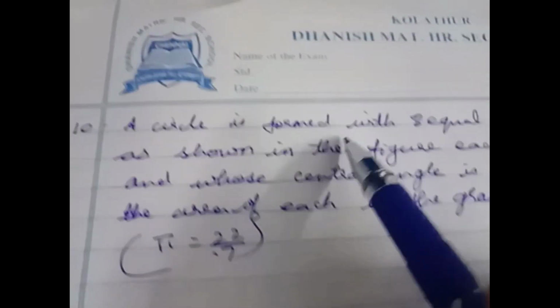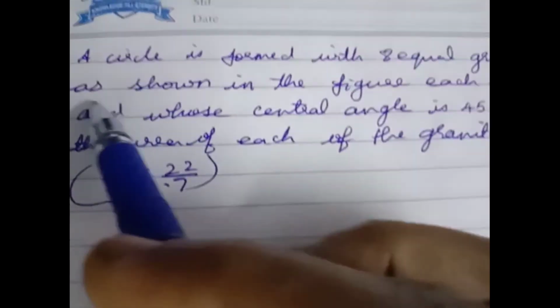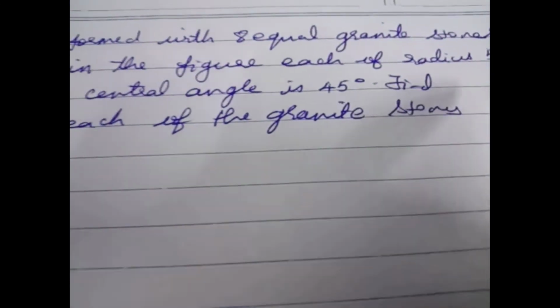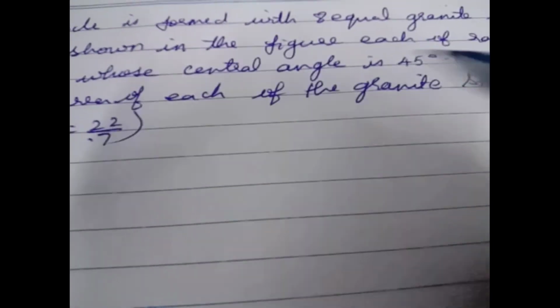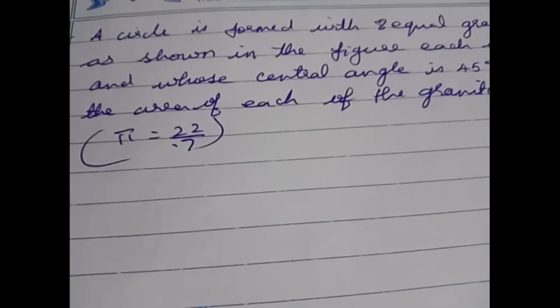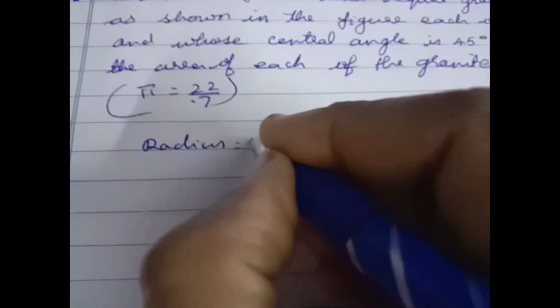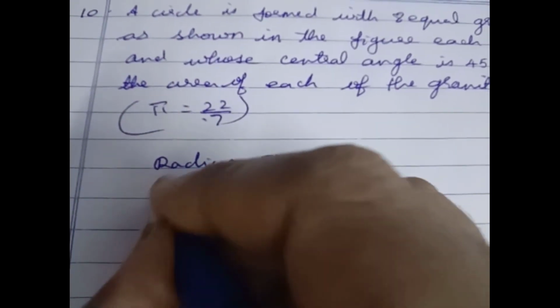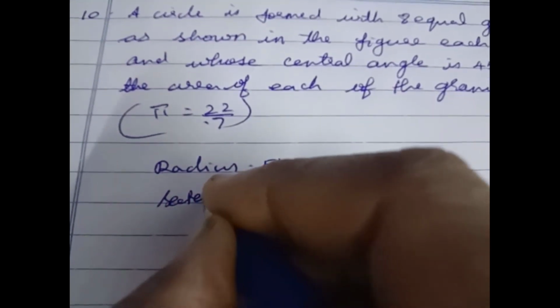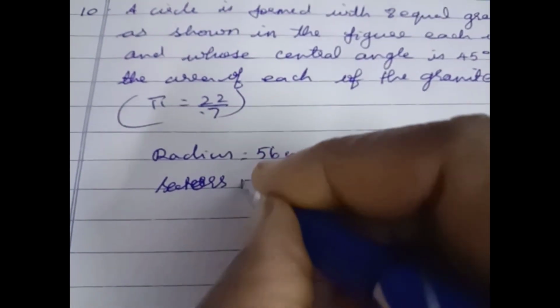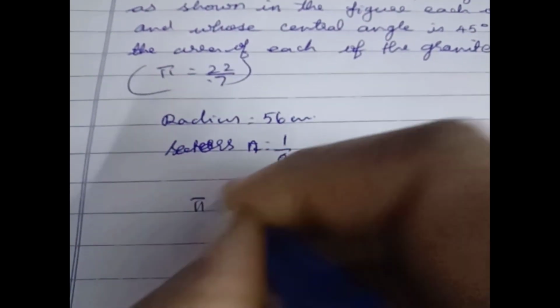10th question, a circle is formed with 8 equal granite stones as shown in the figure, each of the radius 56 cm and whose central angle is 45 degree. Find the area of each of the granite stones, and given the pi value is equal to 22/7. So write it down. Radius is equal to 56 cm and sector 1 by 8, that is n value, and pi value asked to use 22/7.